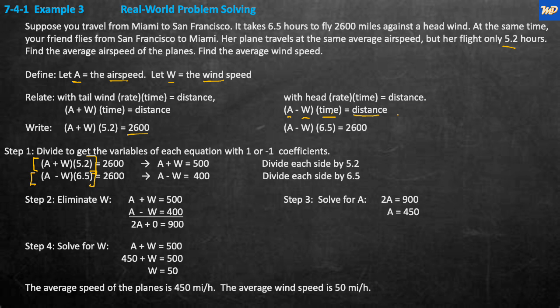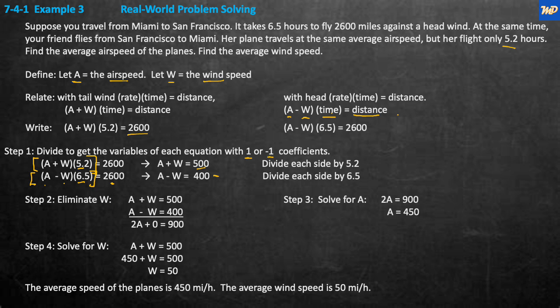We're going to divide both sides of the top equation by 5.2 and both sides of the bottom equation by 6.5. When you do that, you're going to have just 1A plus 1W. That's why they're saying get the positive or negative 1 coefficient. And that's equal to 500, which is 2,600 divided by 5.2, or 400, which is 2,600 divided by 6.5, right? So we get 400.